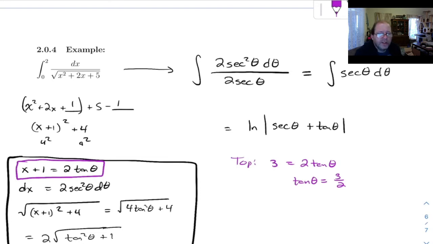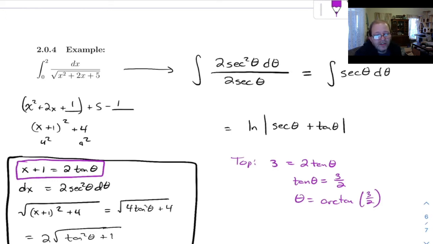Now that's not a nice number. If you take the arctan of 3 halves, you don't get something nice. If that had been arctan of 1, then we get pi over 4. Or if it had been arctan of root 2 over 2, something like that. There are a lot of numbers that would be nice here.